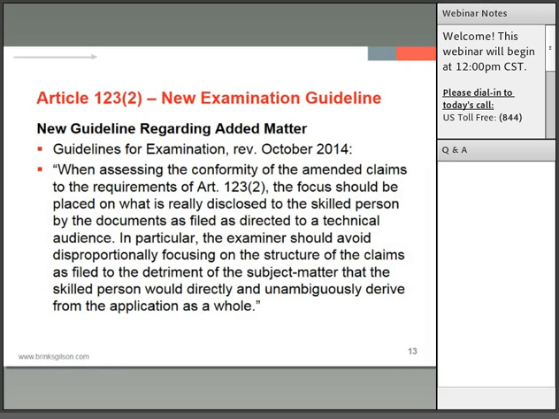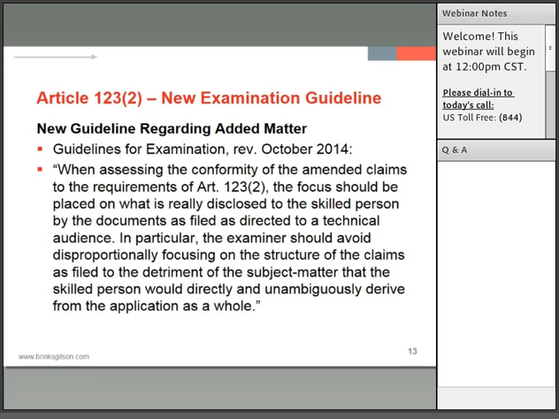Now, the European Patent Office has become aware that these rules are stricter than elsewhere, and in fact, in 2014, the examination guidelines were amended to make it look like the requirements should be loosened a bit, where they pointed out that the skilled person in the field is not so much tied to the literal wording of the claims as to the technical teachings.